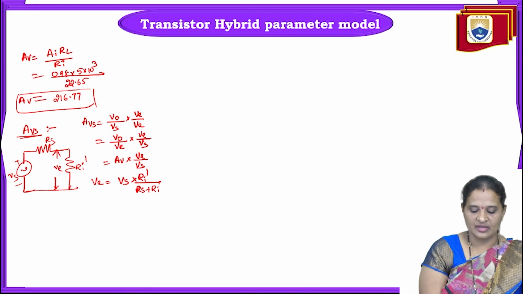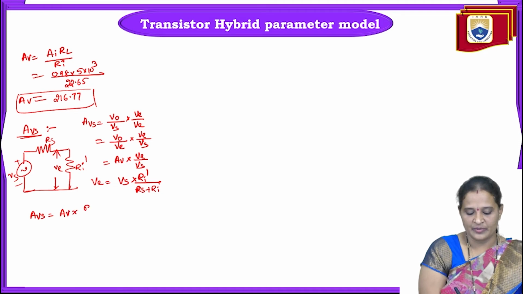Now substitute this in the above equation. So AVS can be given by AV into RA dash divided by RS plus RA dash.